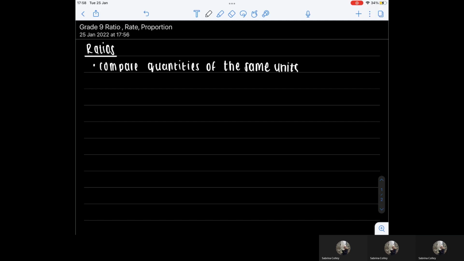Okay, so for instance, like we would compare liters. So if there's 20 liters in this container and 50 liters in this container, or there's so many females and so many males. Okay, so how we write this is we take our quantity in A and we compare it to our quantity in B.